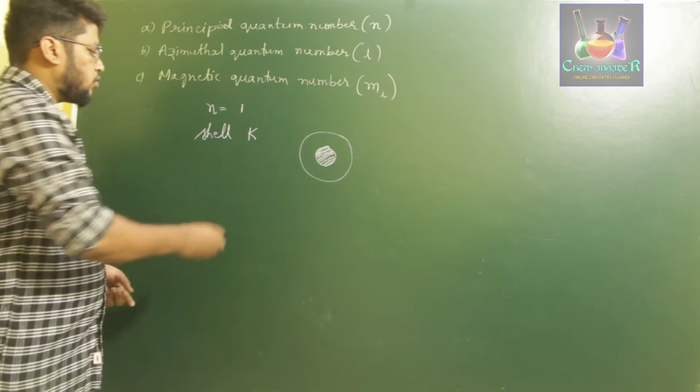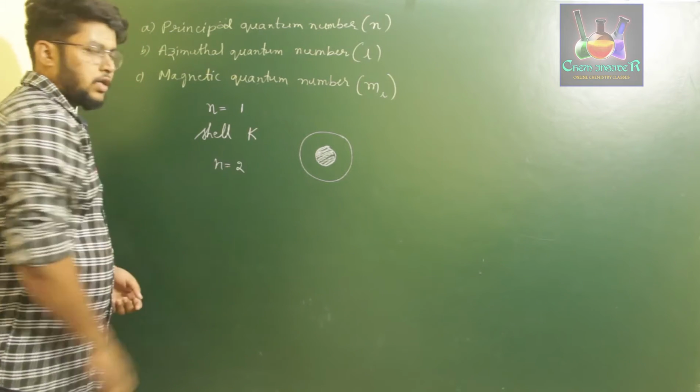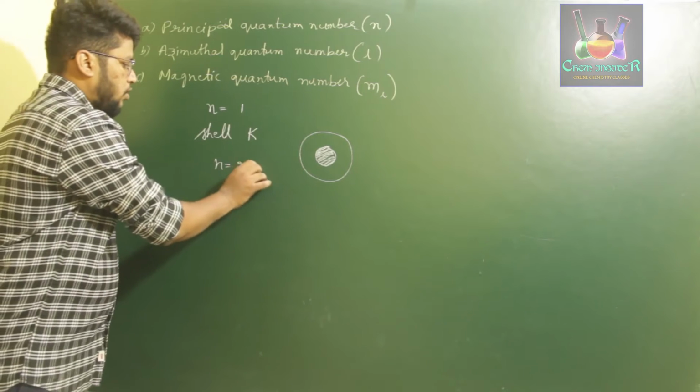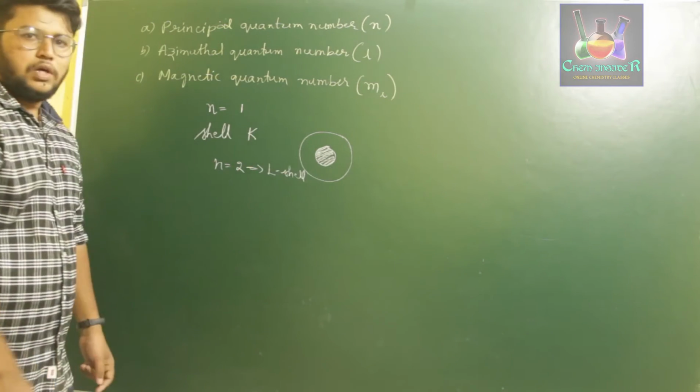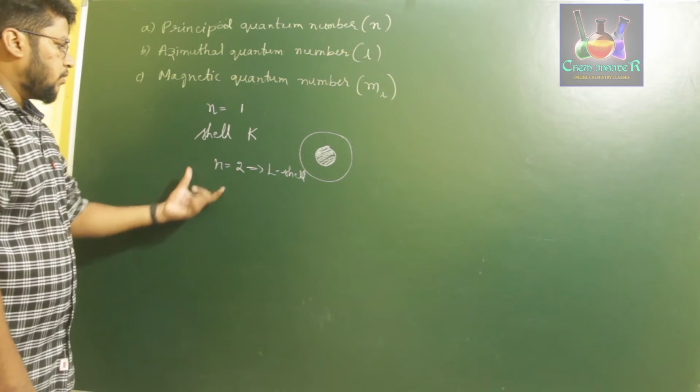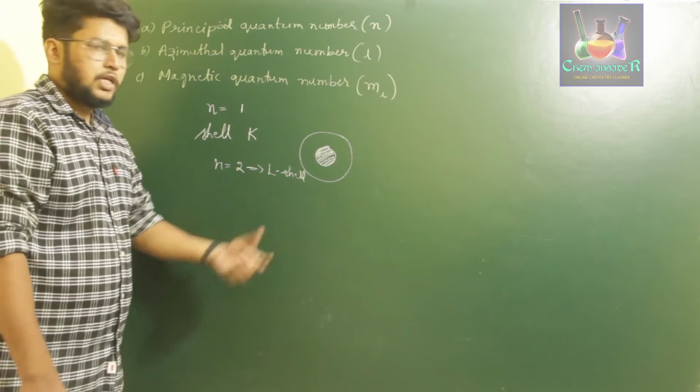If you take n equal to 2, then it belongs to L shell. So if the orbital has n equal to 2, the shell where it is to be found is L shell.